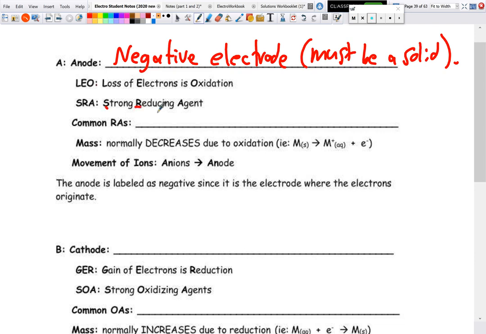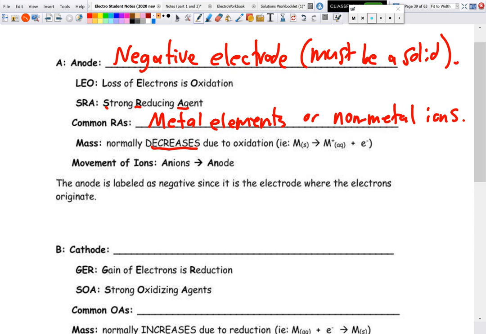Our strongest reducing agents occur here. Common strongest reducing agents we're going to see are metal elements or non-metal ions generally.